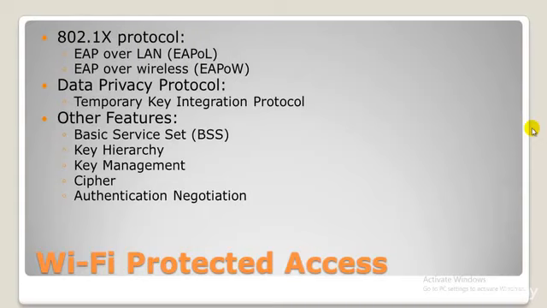To be more precise about how it works, WPA, Wi-Fi Protected Access, is a subset of the 802.11i security protocol, and it was used to improve the encryption and authentication capabilities of the IEEE Wired Equivalent Privacy, that's the WEP protocol. The 802.11 work group had been developing a security standard, 802.11i.